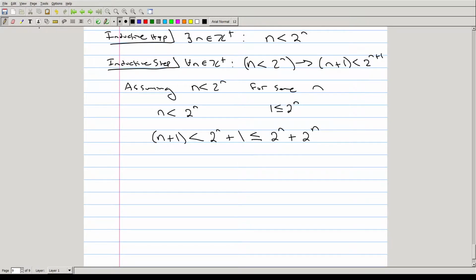Actually, it would be strictly greater than 1 if n is greater than 1. So this is the same thing as 2 times 2 to the n, which is 2 to the n plus 1. And so we've shown that n is less than 2 to the n implies n plus 1 is strictly less than 2 to the n plus 1, and our proof holds.